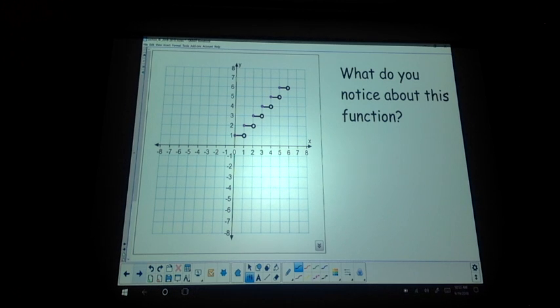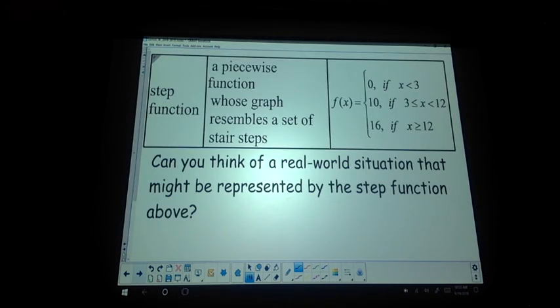A step function is a piecewise function whose graph resembles a set of stair steps. So y equals 0, y equals 10, y equals 16 are horizontal lines going through 0, going through 10, going through 16, and then we have it bounded. The real life situation, again, is with the post office. If you have a 49-cent stamp, your envelope can weigh between this and this.